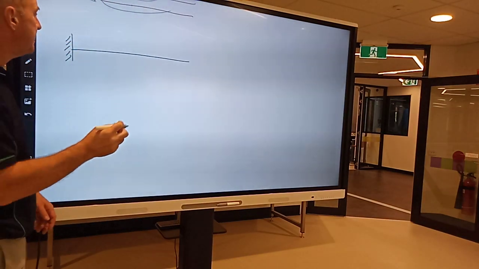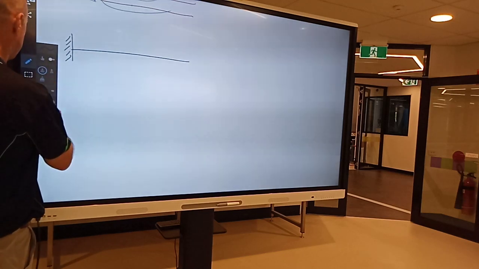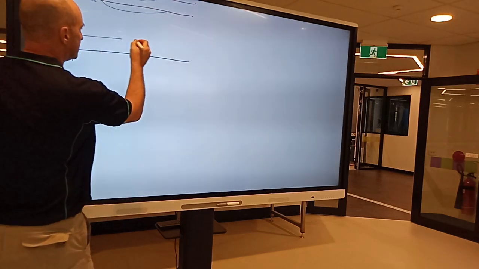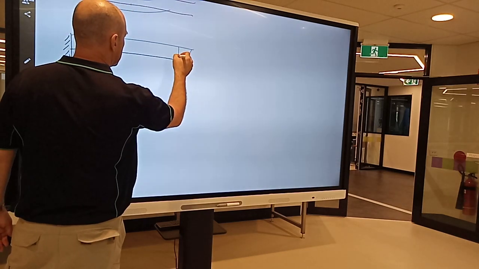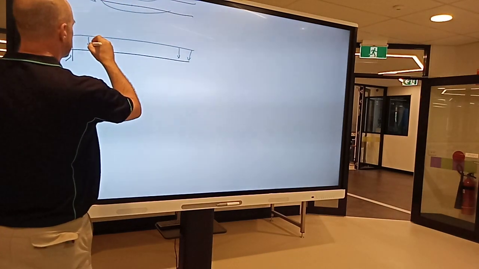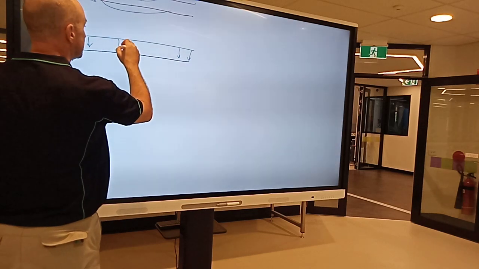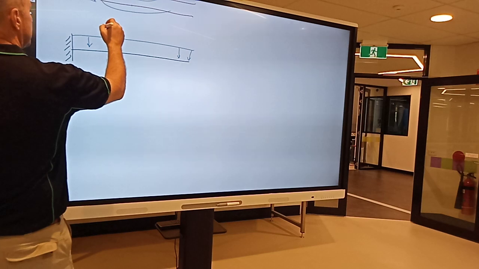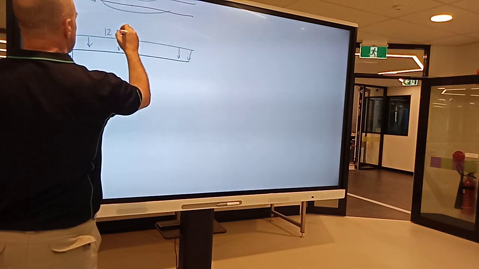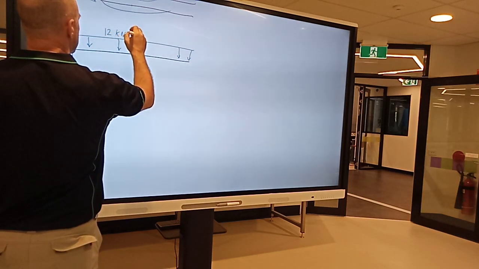It's a cantilever beam, and it's got a uniformly distributed load, UDL. How much is the load? 12. Actually, sorry, 11 kilonewtons per meter.